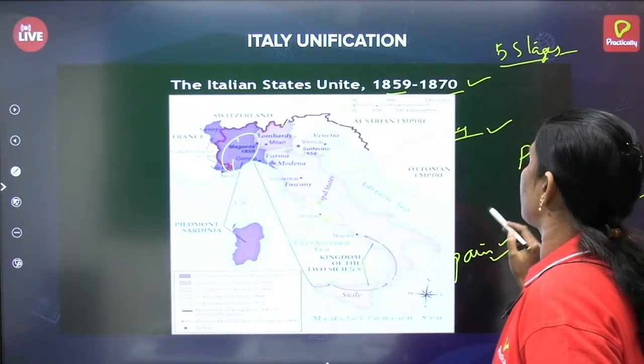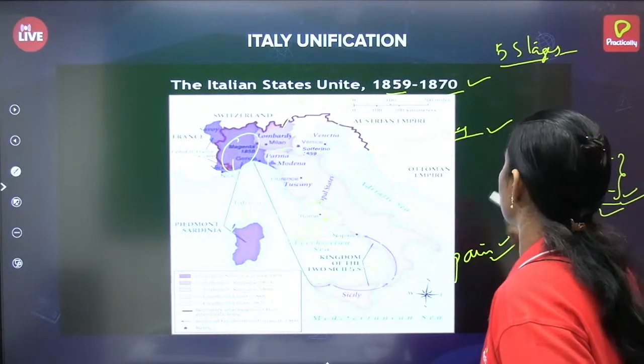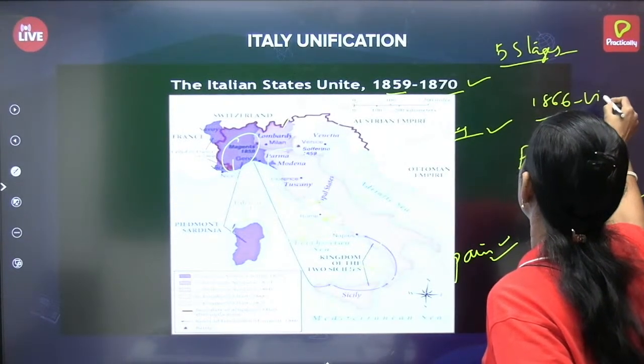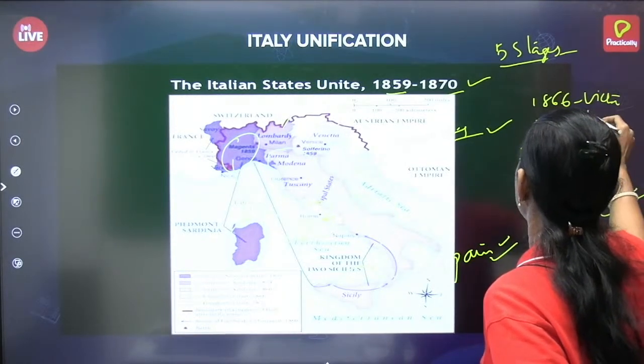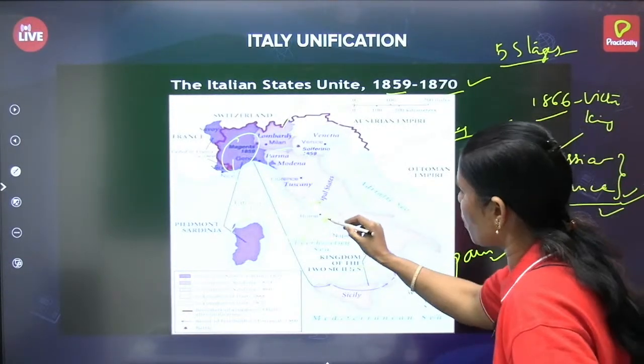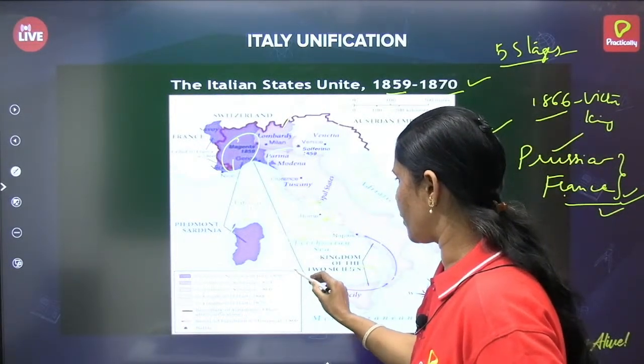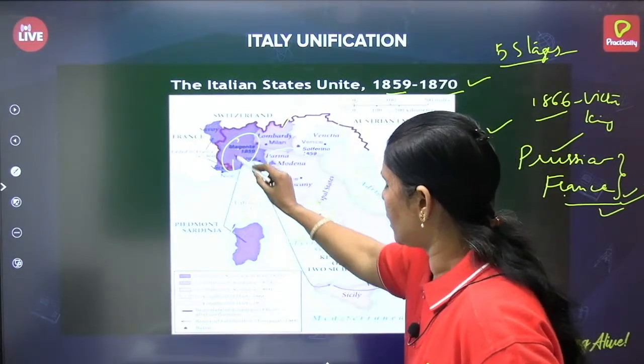Okay, but you should note a point here: in 1866 itself, Victor Emmanuel was declared king before Rome was joined. So you can see over here 1859.